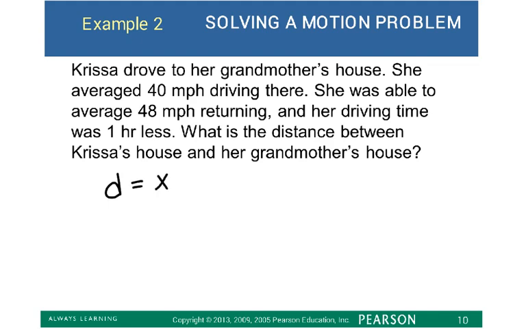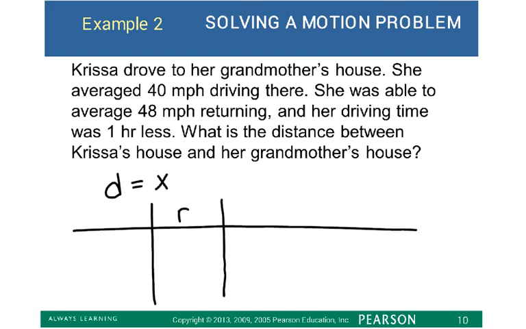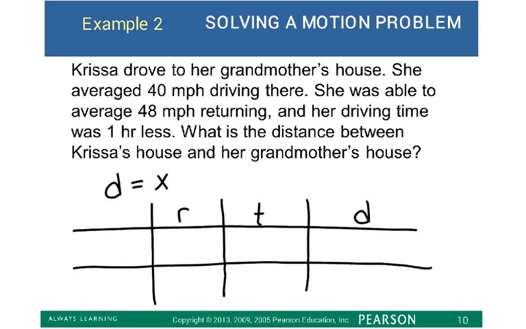And here is our table I'm going to create. We're going to have our rate in one column, our time, and our distance. And I'm going to split it up. One row is going to grandmother's house, one is returning home.